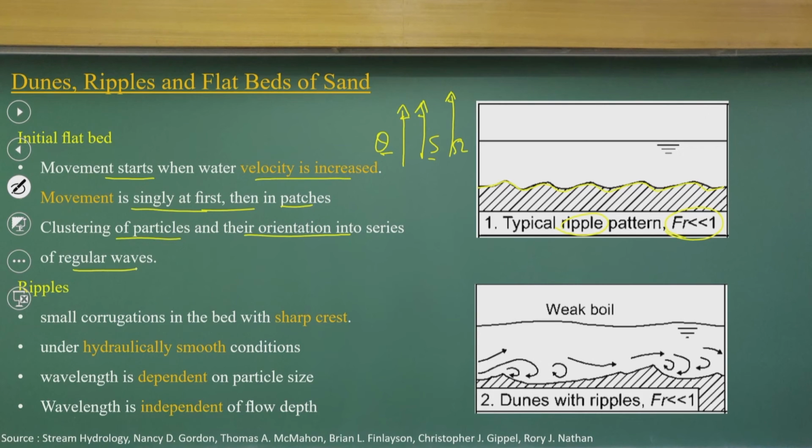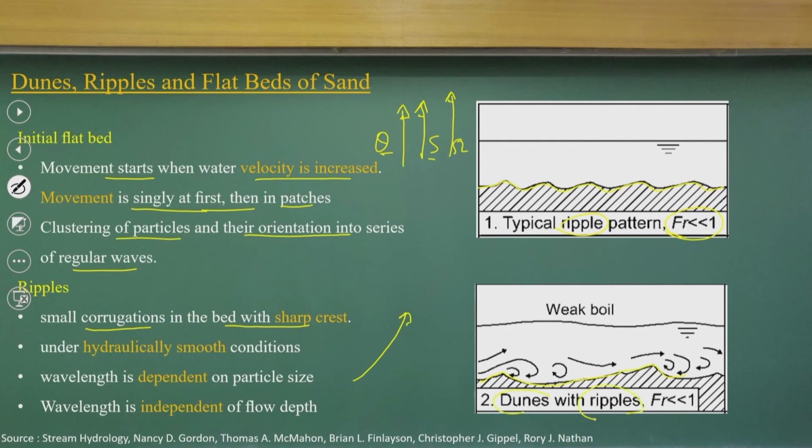Initial bed forms, then a series of ripple forms, smaller congregations in the bed with a sharp crest. If you have a further increase of the flow, ripples will form like this. So that was the dunes with ripples.